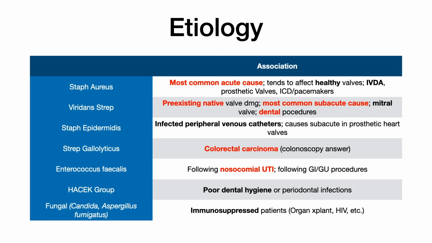Strep gallolyticus, aka strep bovis. This is going to be in the setting of colon cancer. So if you're taking your exam and they describe somebody who has endocarditis, and then they ask you what is the next step in treatment or what's the next test you should order, and you're not seeing any of the answer choices that you would typically associate with the next best step as it relates to endocarditis, cardiovascularly speaking, you're actually going to pick colonoscopy here, because what the test writer is suggesting to you is that the patient actually has colon cancer and you need the confirmatory test for colon cancer.